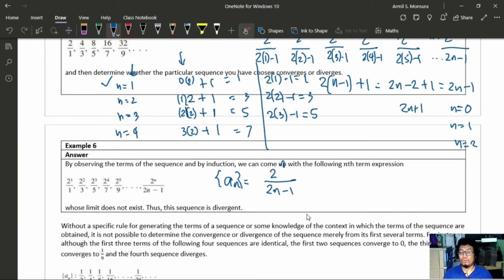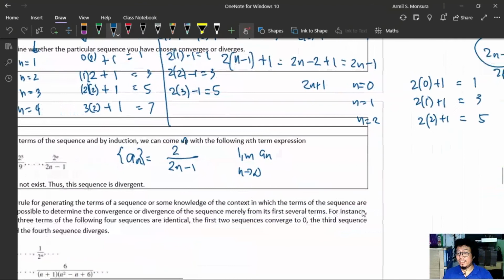Now, let's find the limit of a_n as n approaches infinity. Clearly, since 2 raised to n rises very fast, and is clearly greater than 2 times n for some value of n, we will be able to discern that 2 raised to n would grow faster than this one.